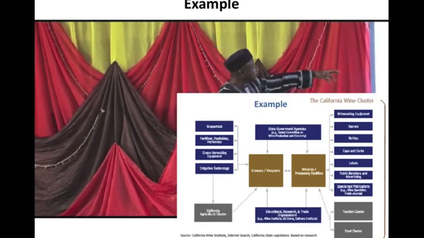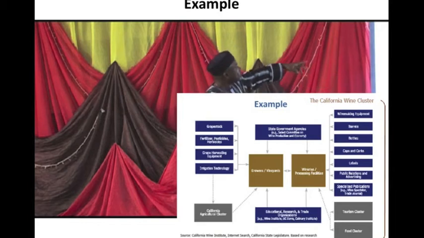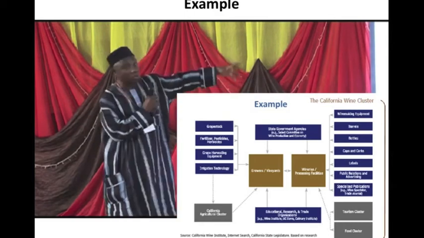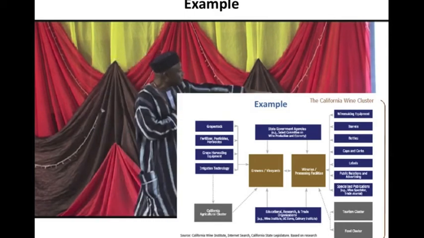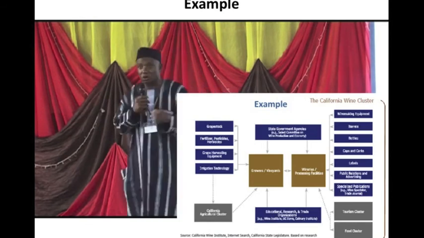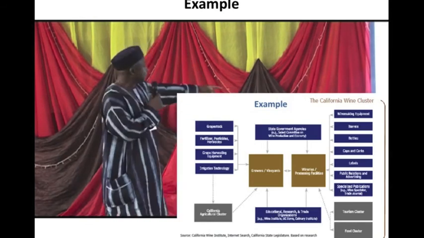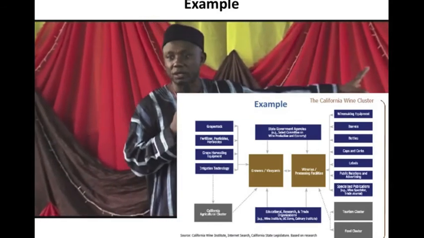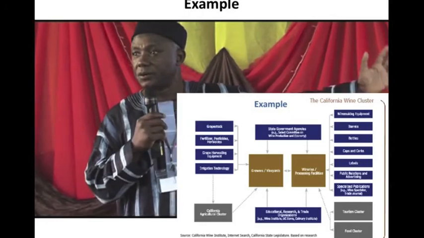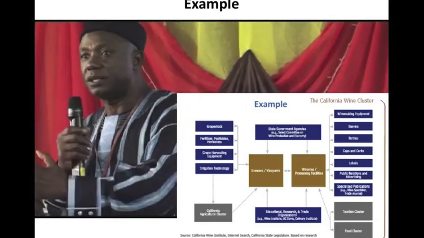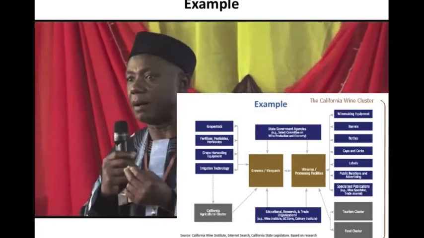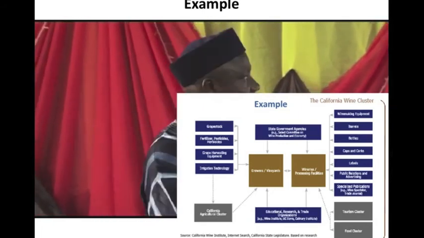It talks about the processing of it, but it also talks about entire industries that surround that process. People who make the bottles, the corks, and then you have universities where they have research centers focused on wine production. You have policy agencies created just to drive the whole thing. This is what we're talking about. Creating appropriate clusters for different industries based on what we know, based on what we have, and based on the markets available to us.